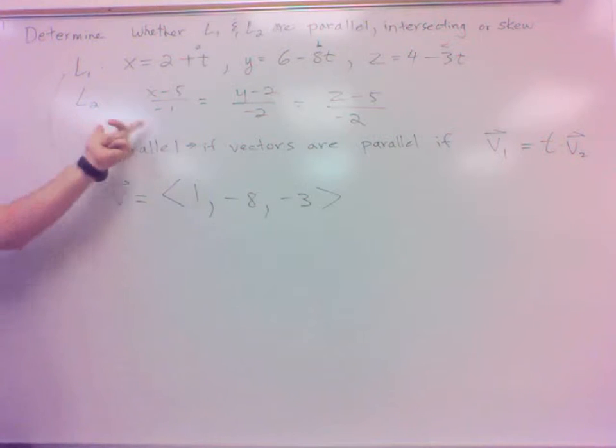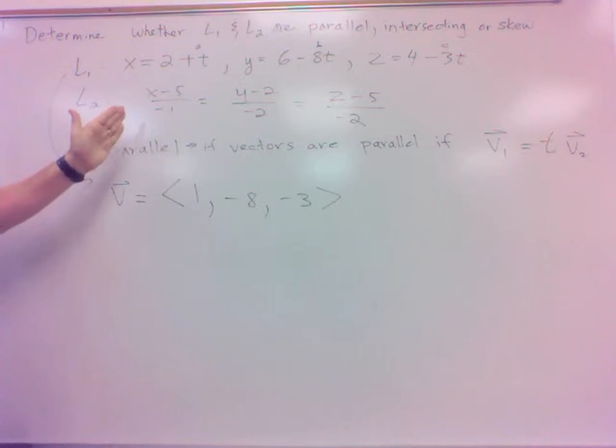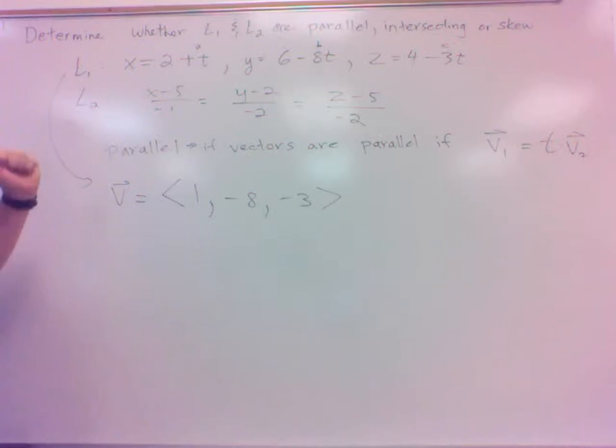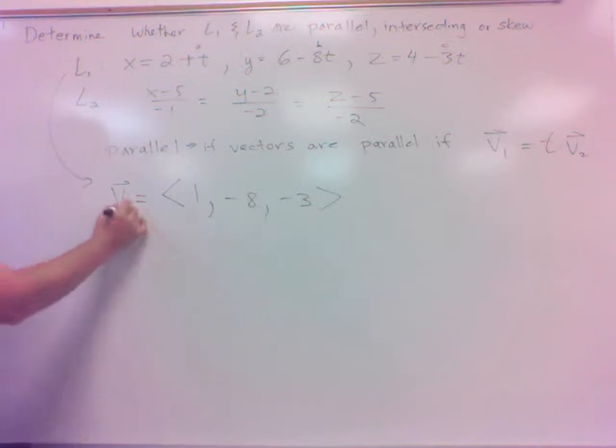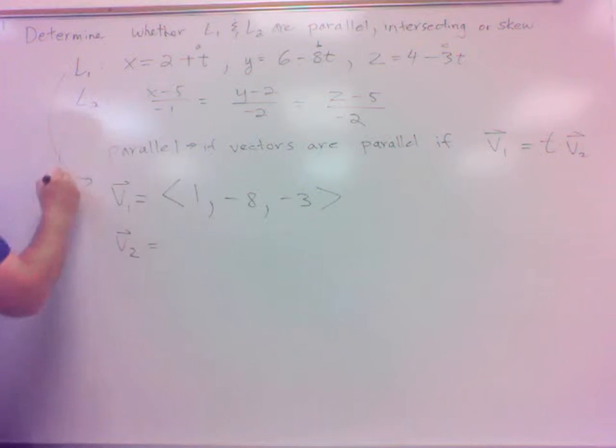Now, did line 2 purposely come in a different form? Because remember, that's the symmetric form of a line, and they're nice about it in that they do give you V2, the direction vector.